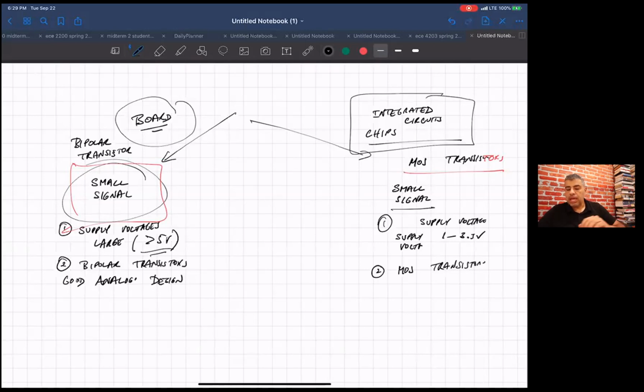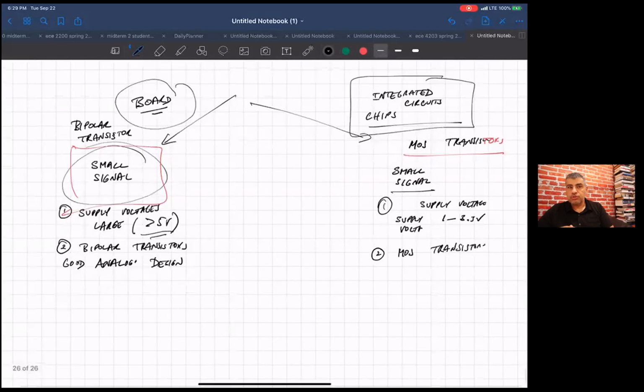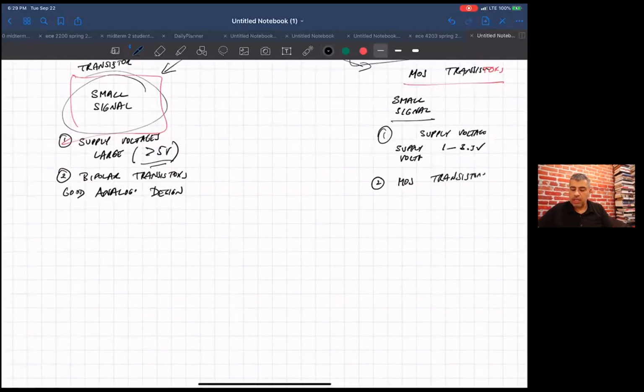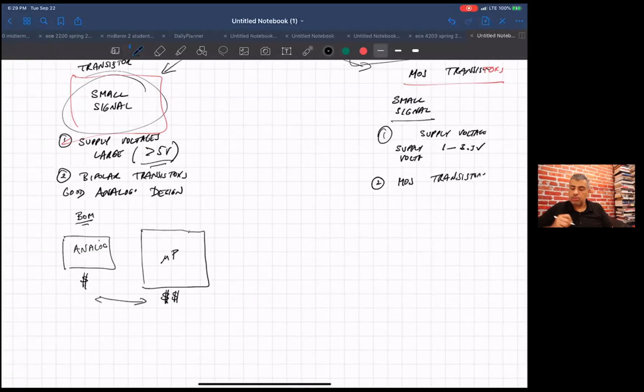By the way, the reason you do that is just economics. Let's say you have a product with a bunch of analog circuits, and you have your digital chip, say a microprocessor that you bought from Intel or something like that. There's a bill of materials, otherwise known as BOM. So this costs something, and this costs something else, and the overall cost is the sum of these two for your product.